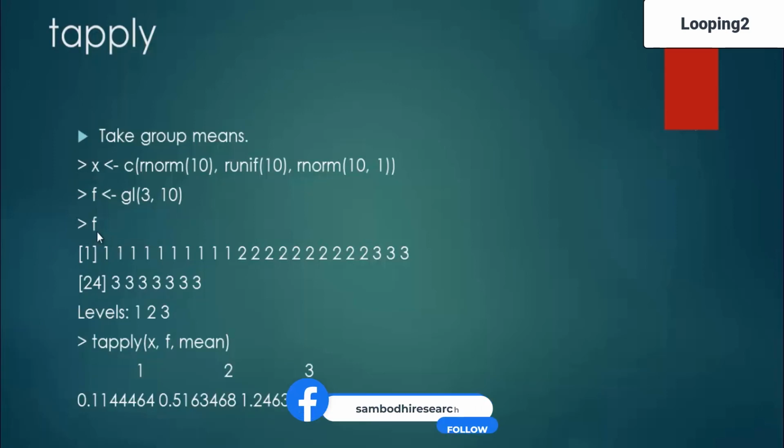So now when I use f, you'll have the values. I'm repeating 3, 10 times, so 1 appears 10 times, 2 appears 10 times, 3 appears 10 times. This is the level for f, and you have this factor with 3 levels, 1, 2 and 3.